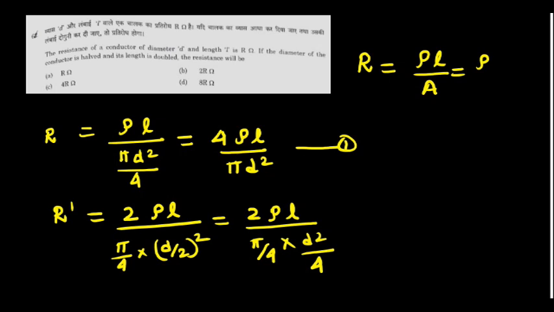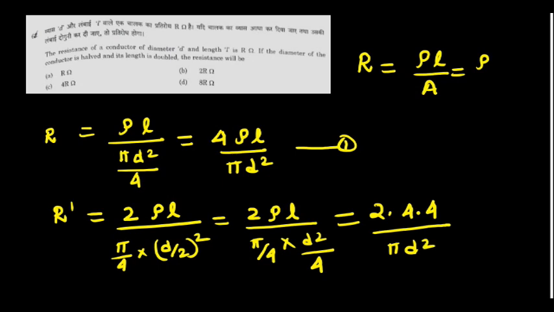Now this 4 we can take to the numerator, so it will be 2 multiplied by 4 multiplied by 4 rho L upon pi d square.